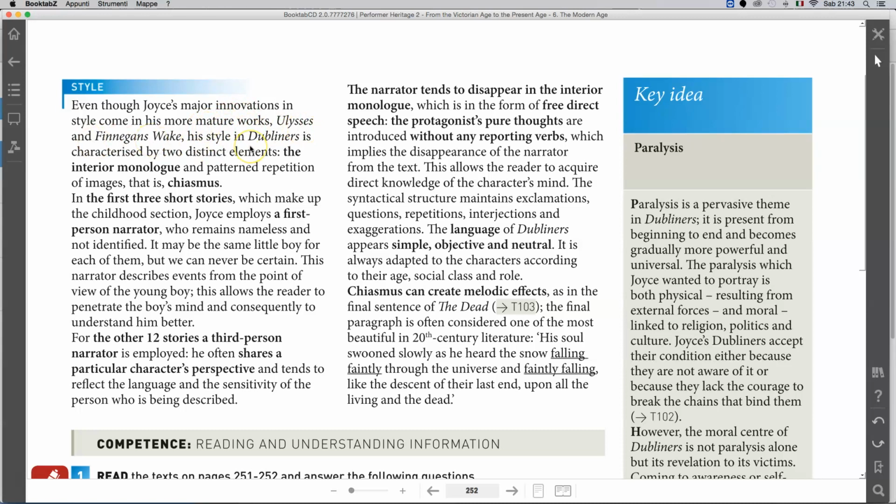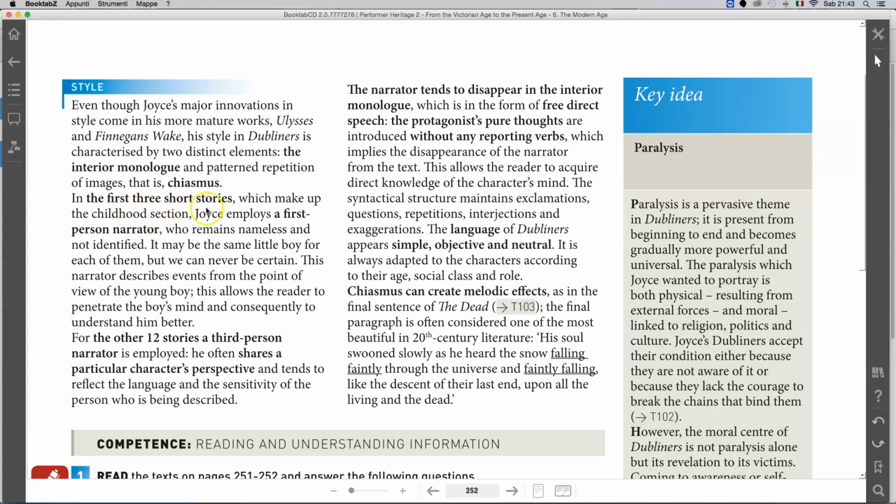The style in Dubliners is characterized by two distinct elements, like the interior monologue with patterned repetition of images, which is also called chiasmus. The chiasmus is the reversal of the word order.